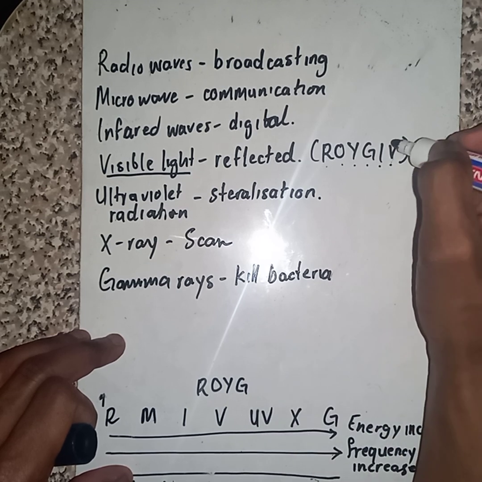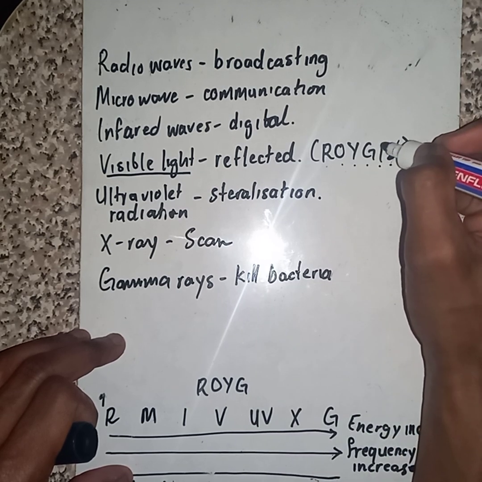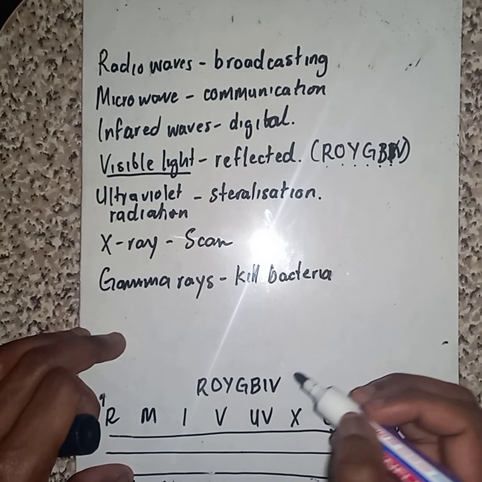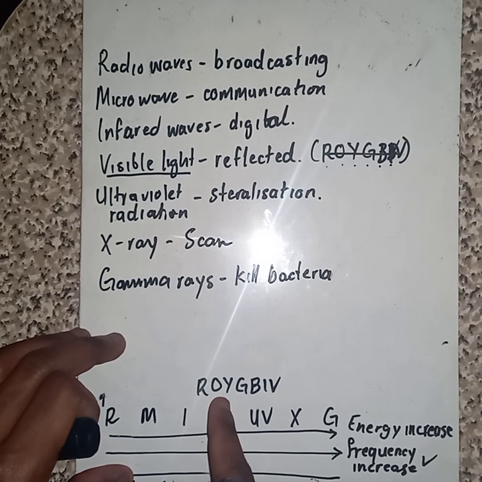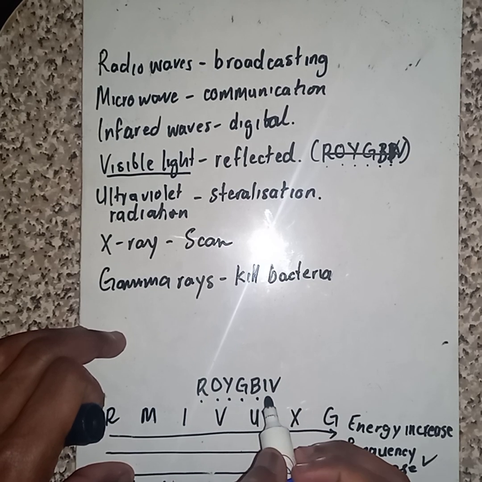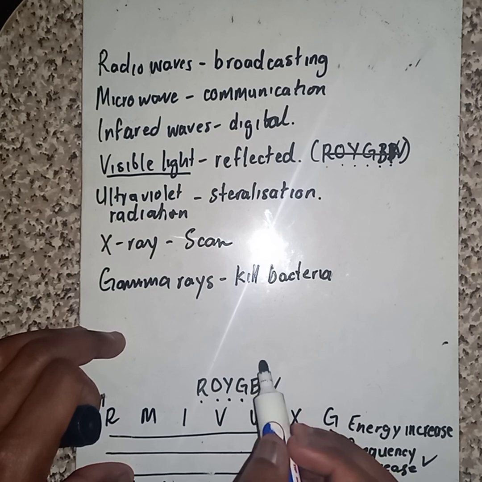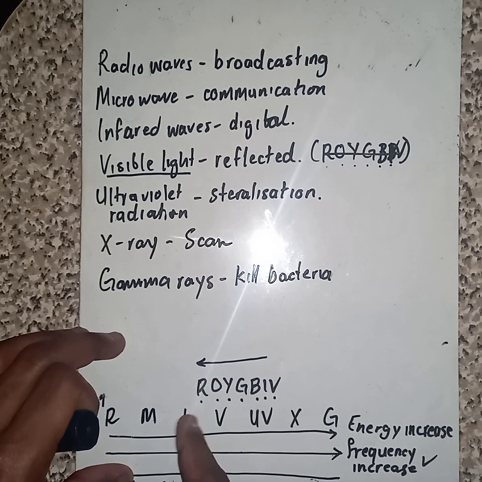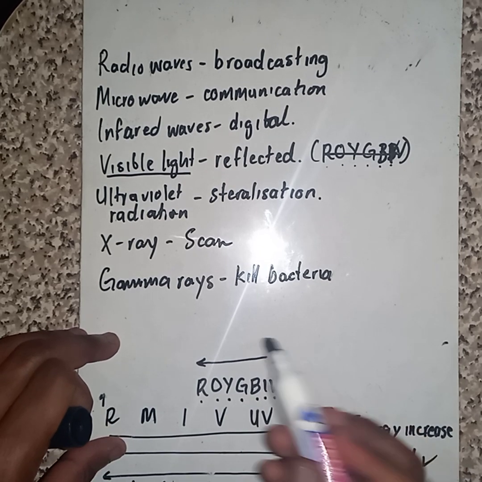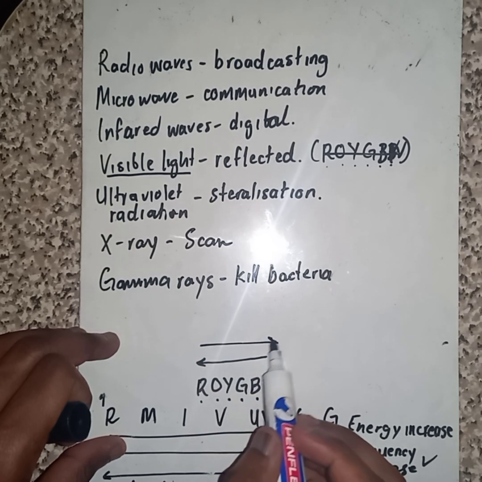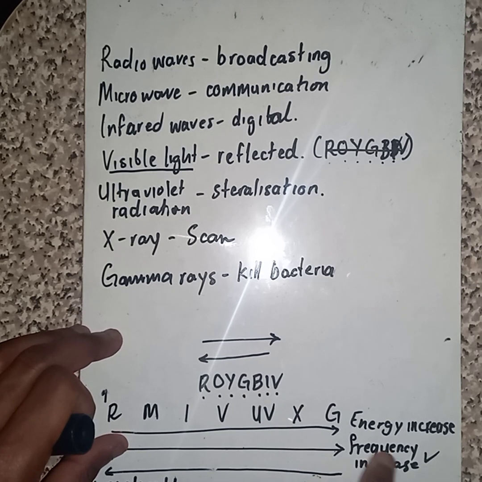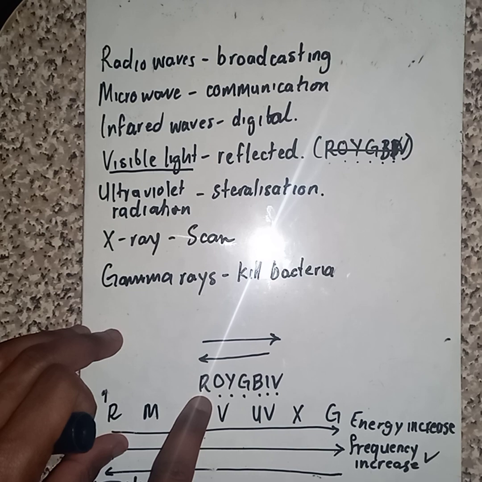The color red has more wavelength compared to blue. But if we move from left to right, the color blue has more frequency compared to the color red.